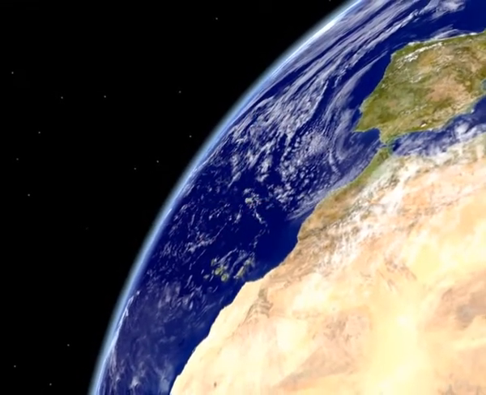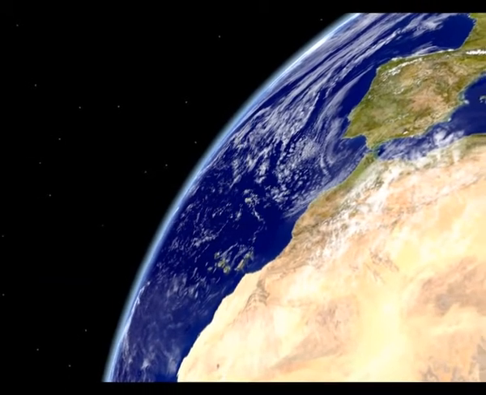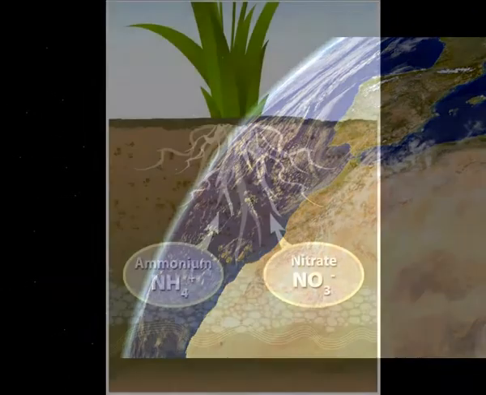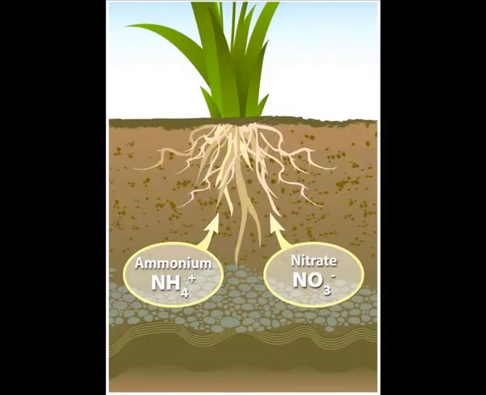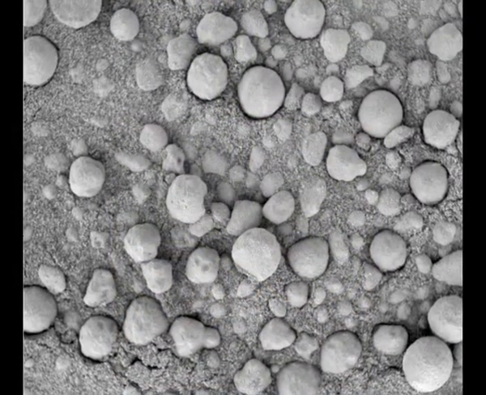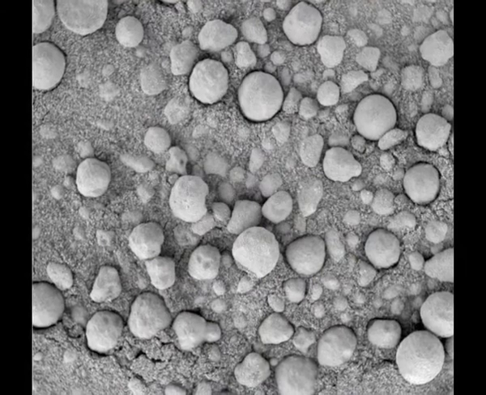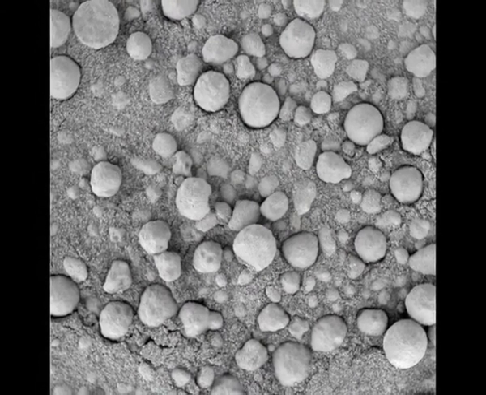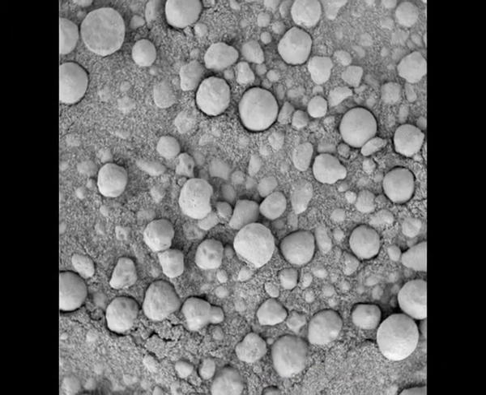Nitrogen can be found in many forms in our environment. Nitrogen is also very important for plants to live. The same nitrogen gas found in the atmosphere can be found in spaces between soil particles. Unfortunately, nitrogen is unusable by most living organisms.